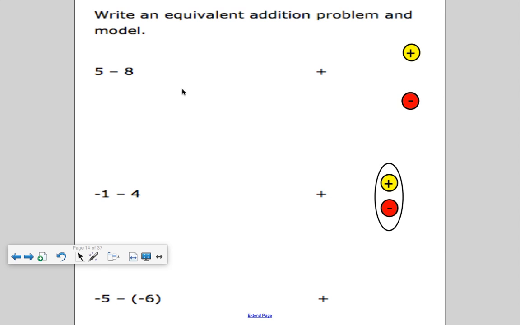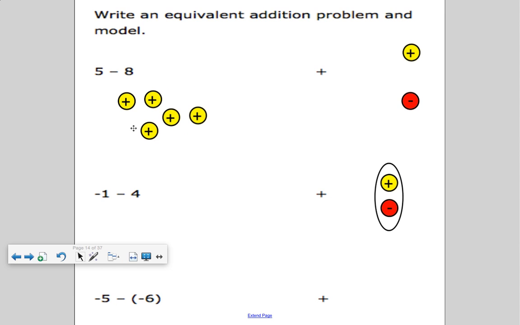So, we're going to practice with 3 examples. Can you rewrite each subtraction expression into an additive expression? Would you like to use models first? All right, I'll use models first. I start off with 5 positives. 1, 2, 3, 4, and 5.